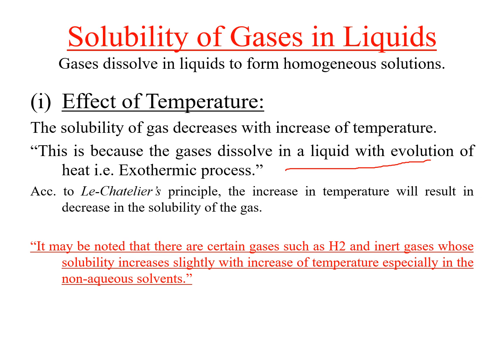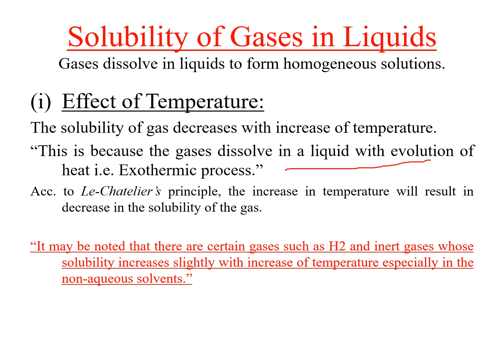If evolution of heat is happening there, then the process is exothermic. We have increased the temperature of that equilibrium. If we increase the temperature, then to oppose that, so that it comes to its stable position and reduces the effect of the change, Le Chatelier's principle is applying there, and due to Le Chatelier's principle, on increasing temperature, the solubility gets decreased. Now, this can be seen by an example.